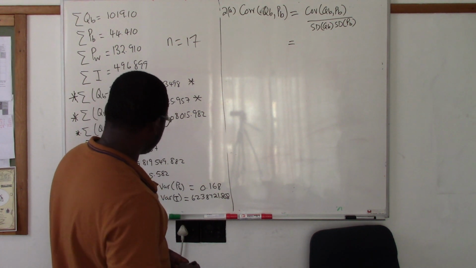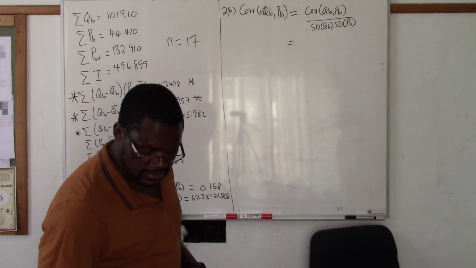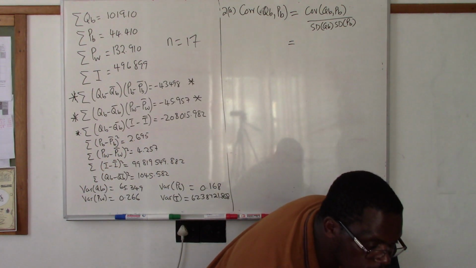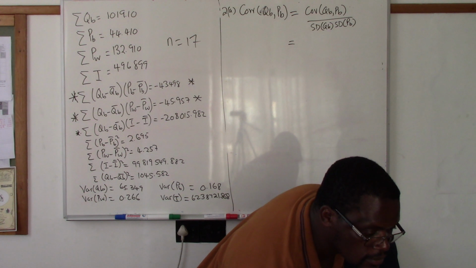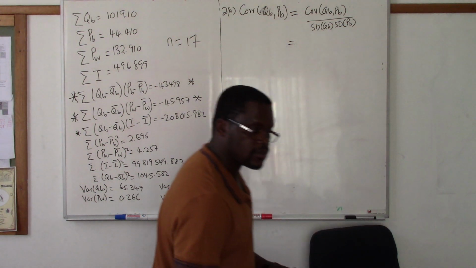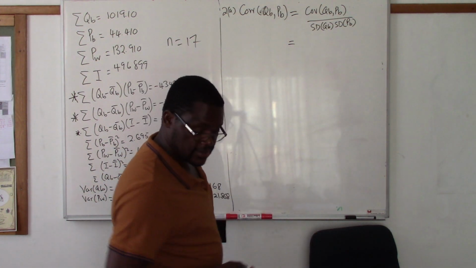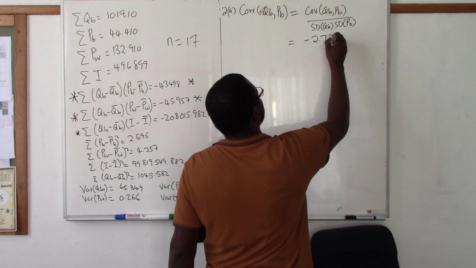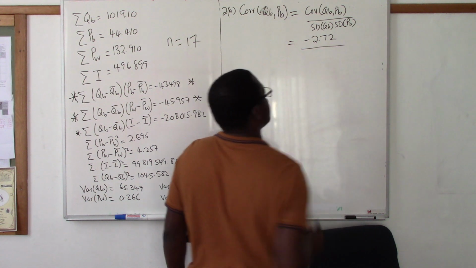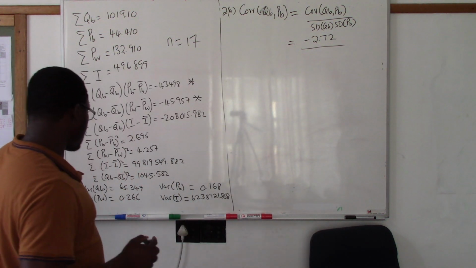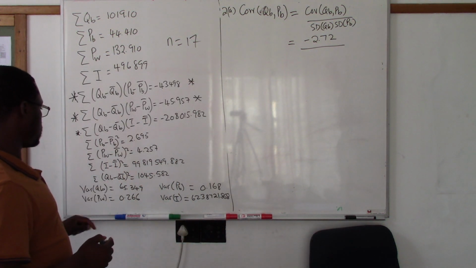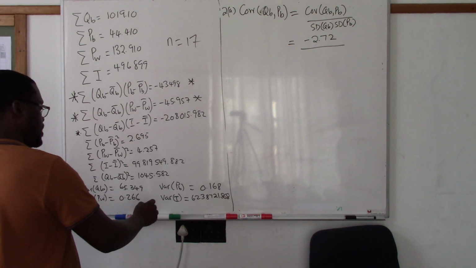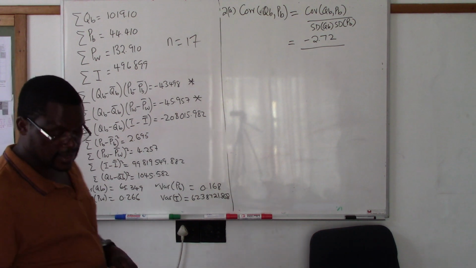We have calculated our covariance. It was minus 2.72. The computer is restarting there. It was minus 2.72. That was the covariance. So what we want are the standard deviations of this and the standard deviation of that.